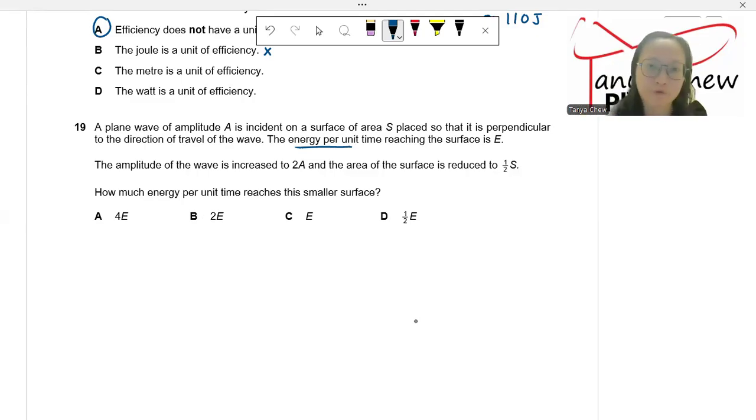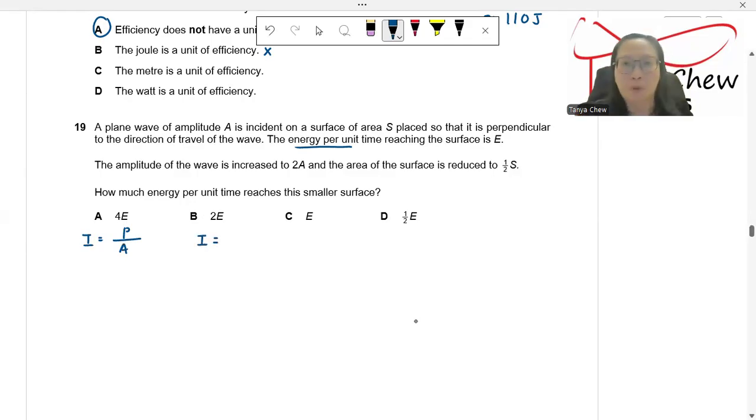Now I have to come up with the equation. I define intensity first. Intensity is defined as power per unit surface area, but intensity is also directly proportional to amplitude squared, or I equals a constant times amplitude squared.